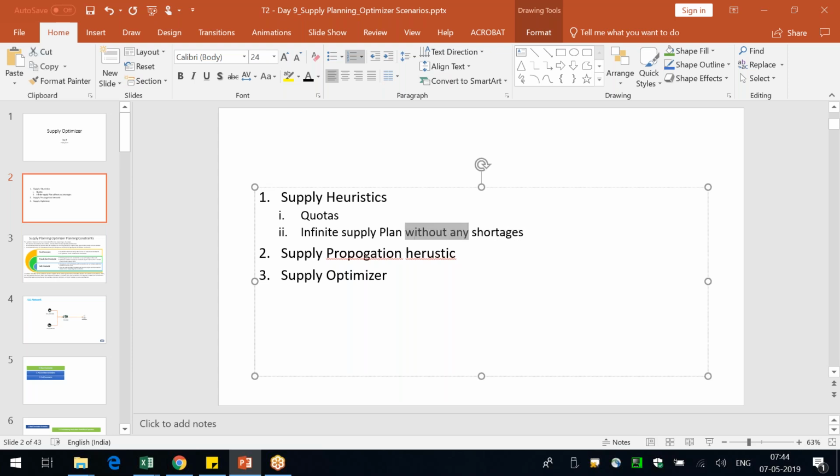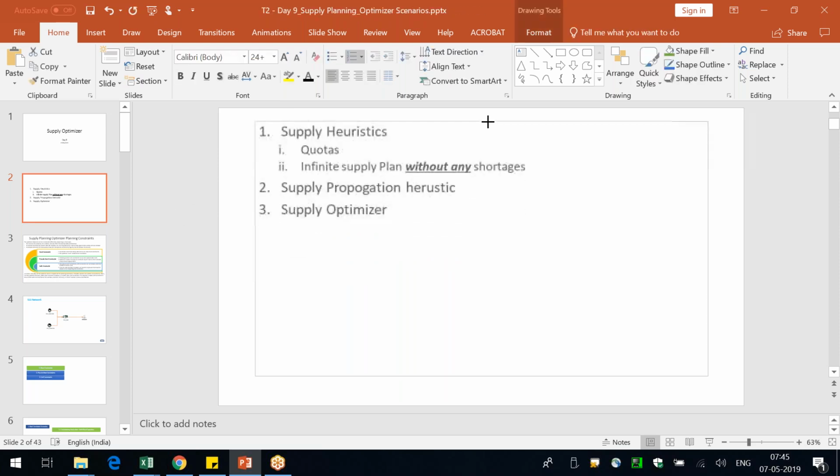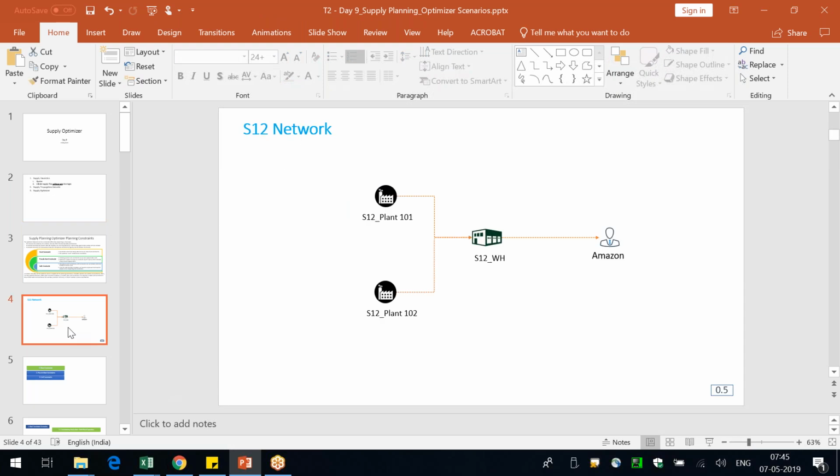This is the unique identification of the supply heuristics. Why do you want to run a heuristic? Because I want to run it in a scenario where I want to meet the demand, and I don't care whether it is 1,000 or 10,000 or a million, I will meet it.